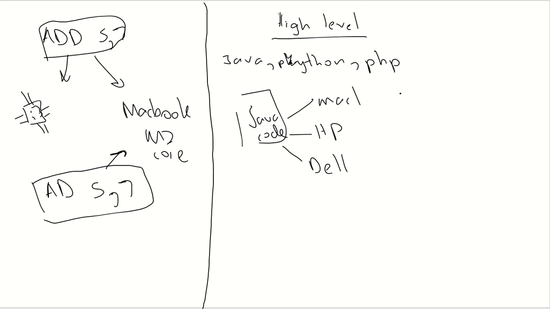And another thing, it's easier. If you remember, just now I wrote three instructions to just add two numbers. But in high level languages, I will write something like this: int x = 1 + 2. So in just one instruction, I already tell what the processor has to do. You have the ability to write a lot more complex programs, because you have a lot more options on what to write.